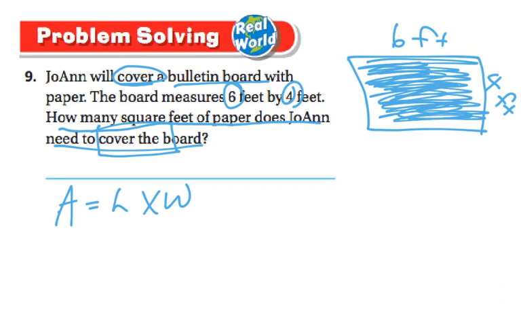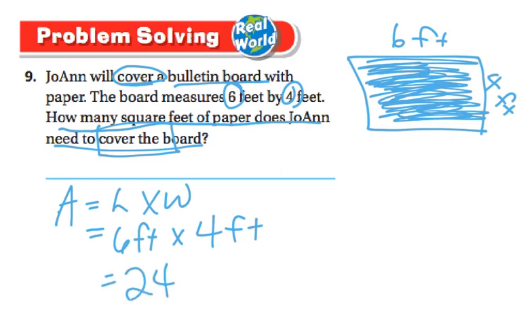And just looking at my picture, I can see that my length is 6 feet. My width is 4 feet. So I'm multiplying 6 times 4, which will give me 24 square feet. 24 square feet. And that's how much of this bulletin board paper she's going to need.